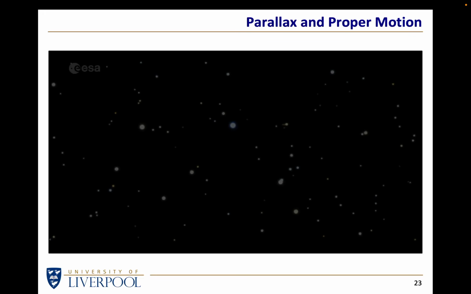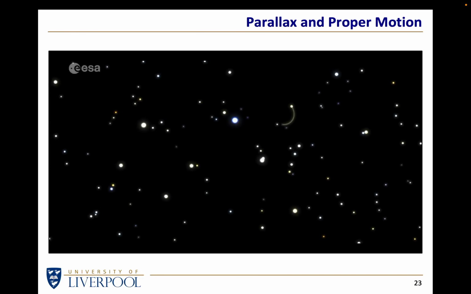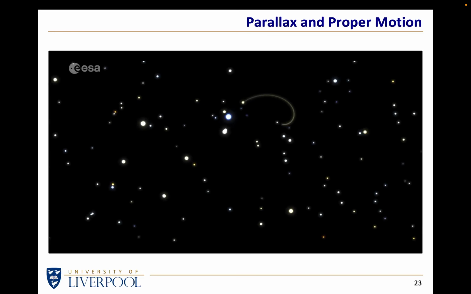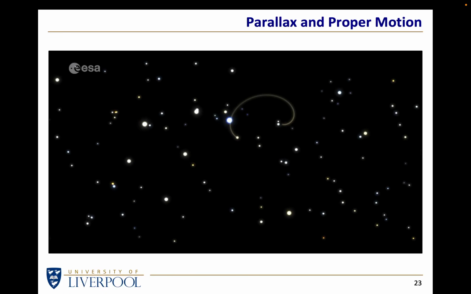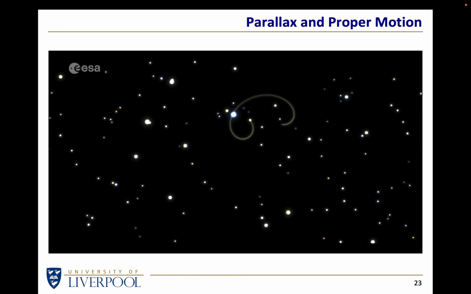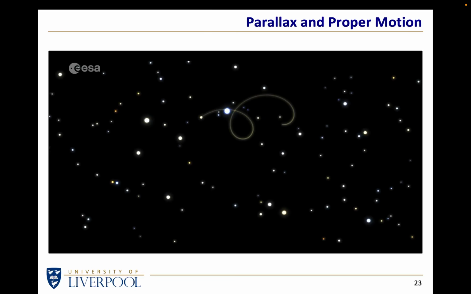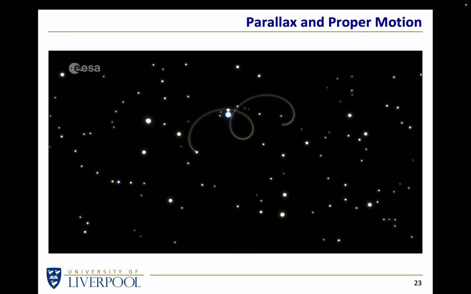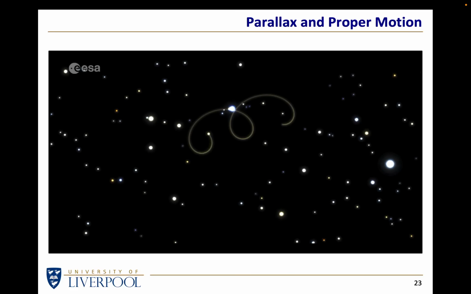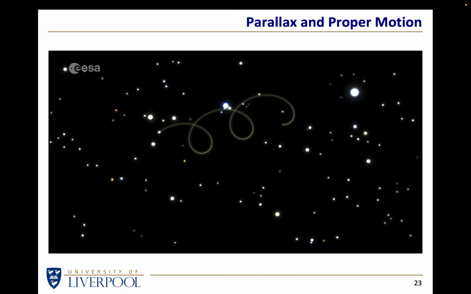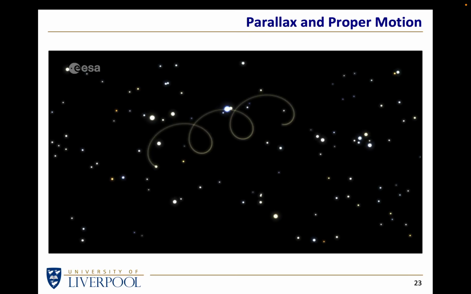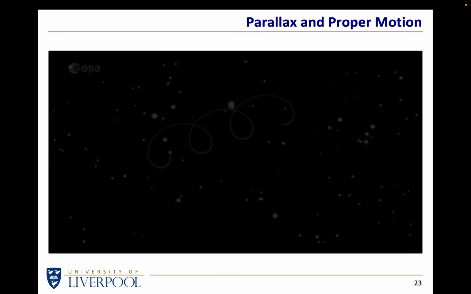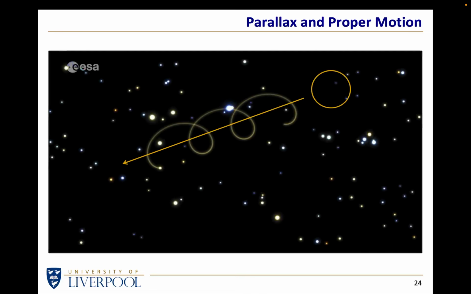If we take into account the fact that all stars are moving as well, then we have parallax as well as proper motion. So we have circular motion because the Earth is in motion, and it might be that stars themselves are in motion throughout the Milky Way. So when we superpose circular motion because of Earth going around the Sun with the fact that stars might be moving, here we've just assumed that they're moving in straight lines.